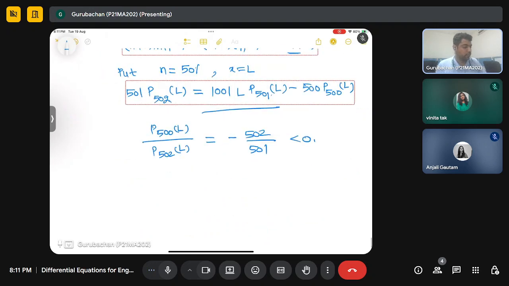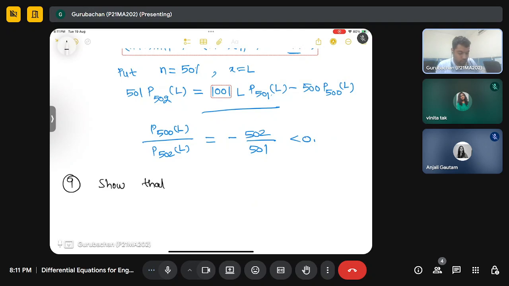Now the next question related to the first recurrence relation of Legendre polynomials. Show that the integral from minus 1 to 1 of x P_n(x) P_{n-1}(x) dx equals 2n by (4n square minus 1).